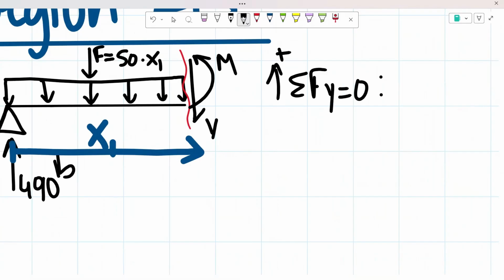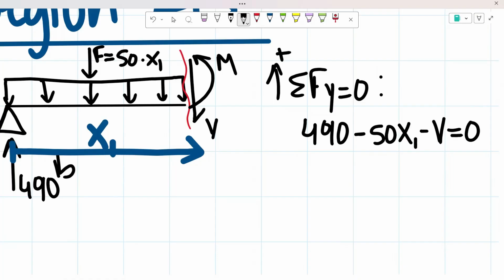So from there, we would have our 490 acting upwards. That concentrated force we know is equal to 50 pound-feet multiplied by x1. And then we know our shear force is going downwards. We know that all of that has to equal 0.